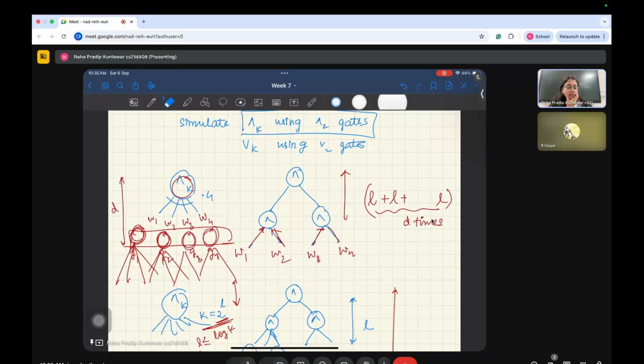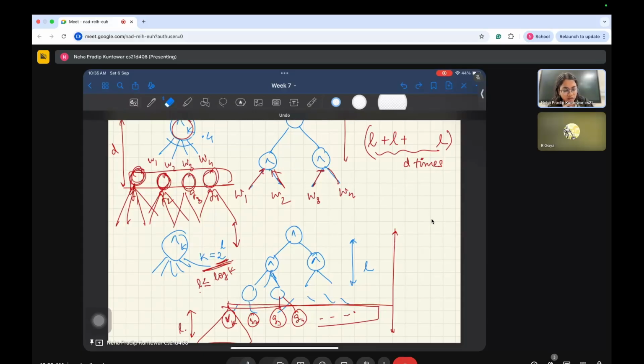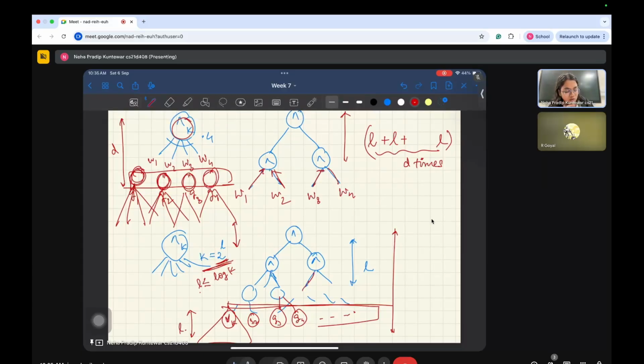Okay, so what we were saying is that, let's say K is a power of 2. Then this is a complete binary tree. But if K is not a power of 2, even then the blow up that is going to happen is the same as what it will be for the nearest power of 2. There may be some gates here that are not used, it may not be a complete tree.